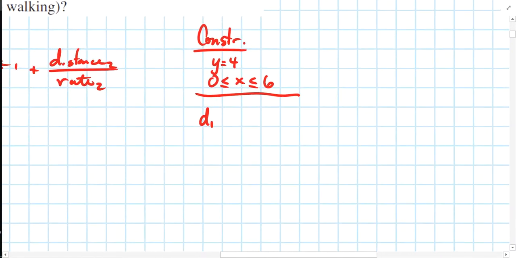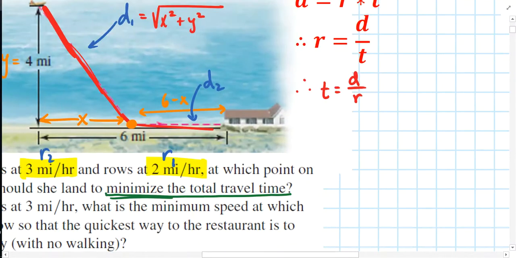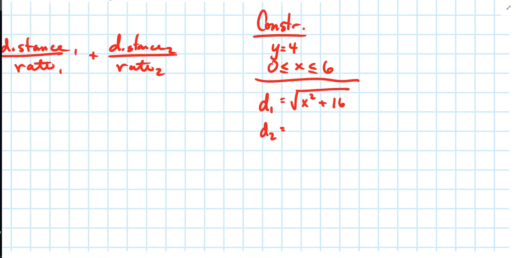So for distance 1, we might say that this is equal to the square root of x squared plus y squared, but we know that y is fixed to be 4, so I'll say that distance 1 is equal to the square root of x squared plus 16, or 4 squared. Distance 2, on the other hand, doesn't require any special calculations. This second distance along the direction of travel is just simply going to be 6 minus x.